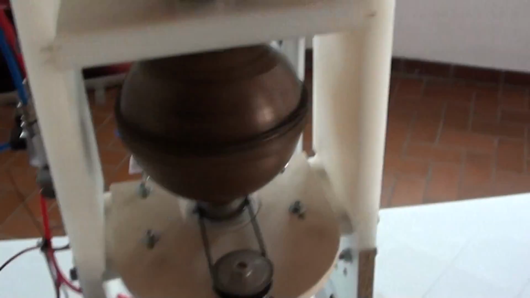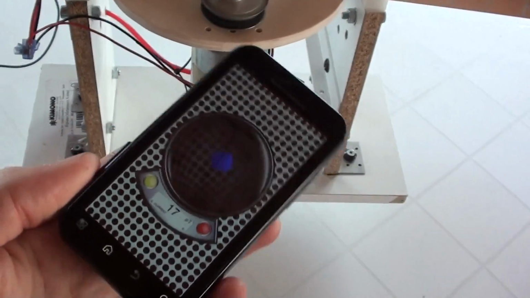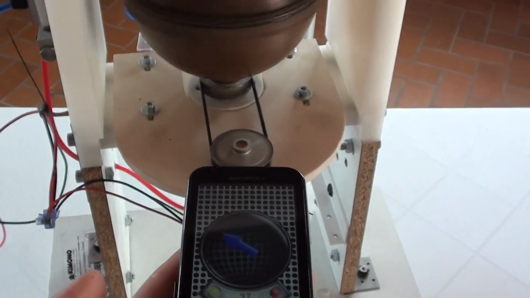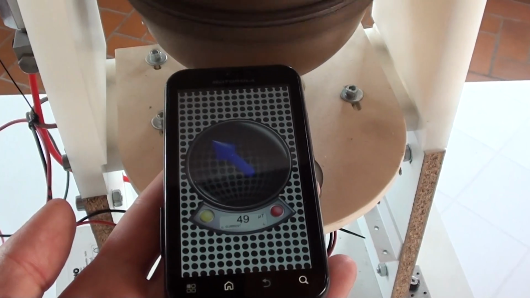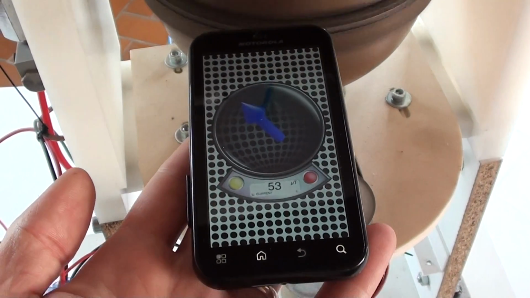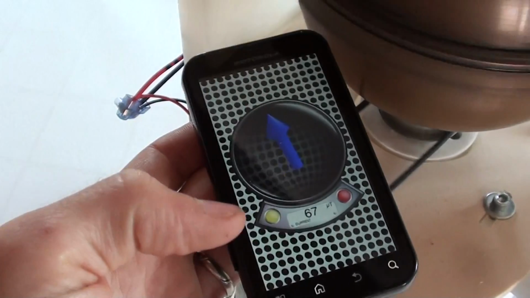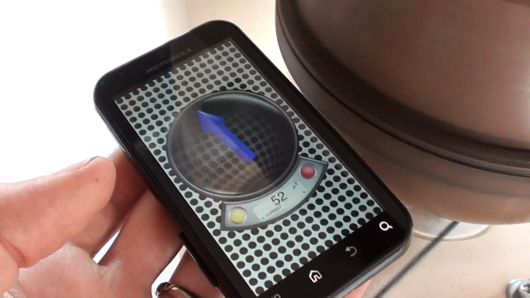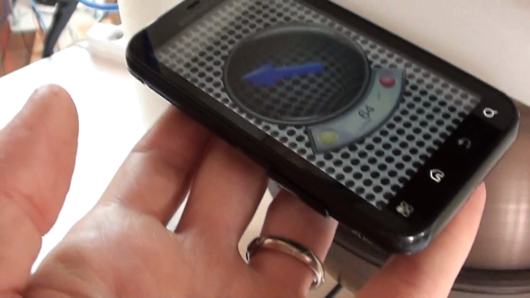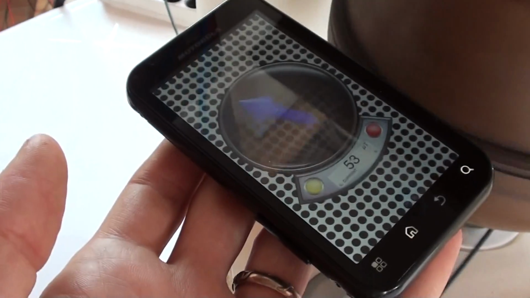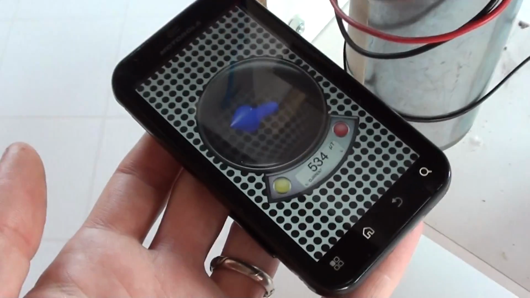So let's check the central reactor. When we get closer to the chamber. Now this motor is running.